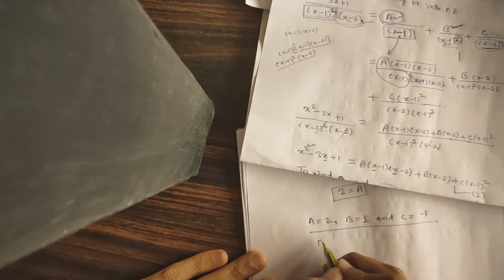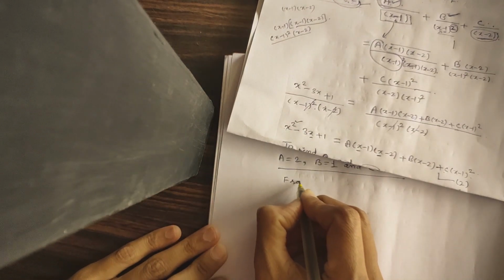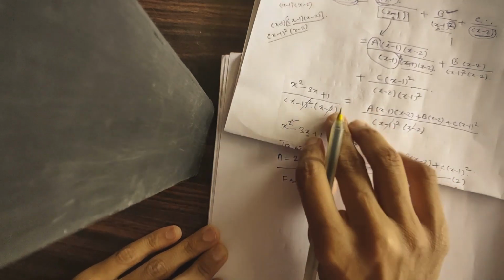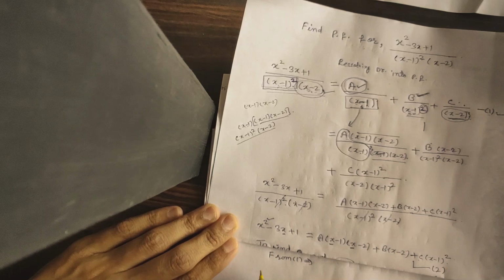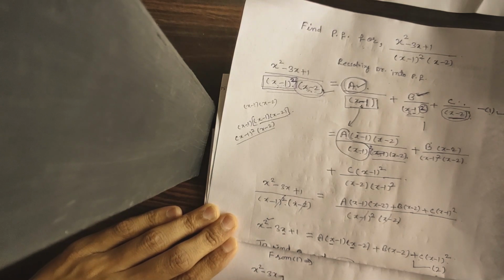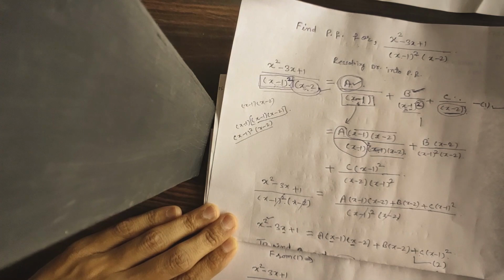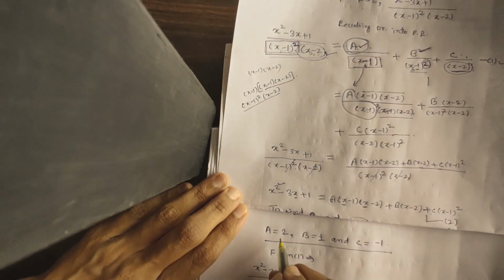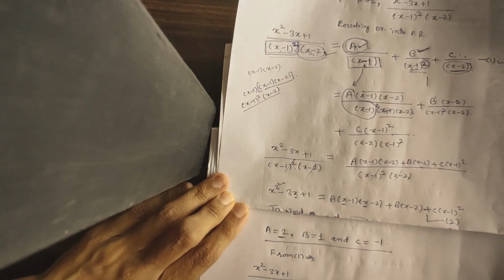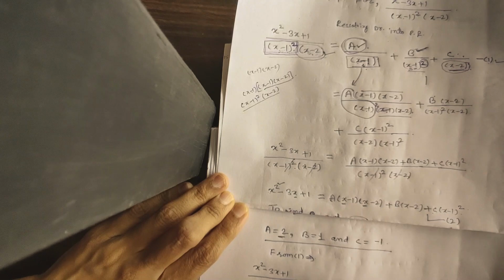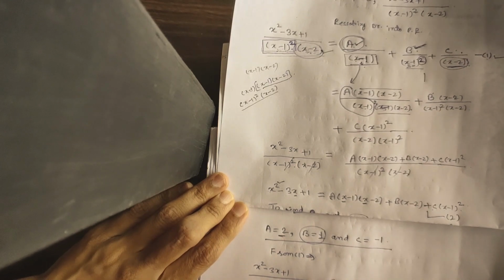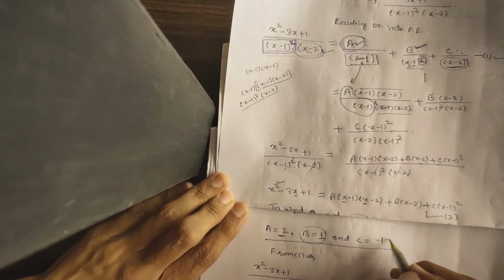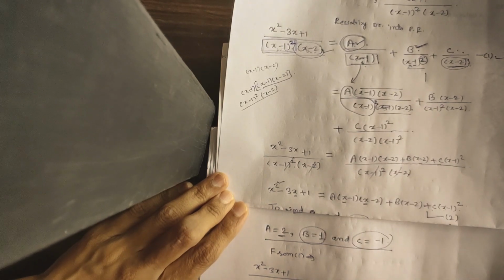I'm writing the first equation again: x square minus 3x plus 1 upon (x minus 1) square into (x minus 2) equals, value of a is 2, so 2 upon x minus 1, plus value of b, I get 1, so 1 upon (x minus 1) square, plus c is minus 1, minus 1 upon x minus 2.